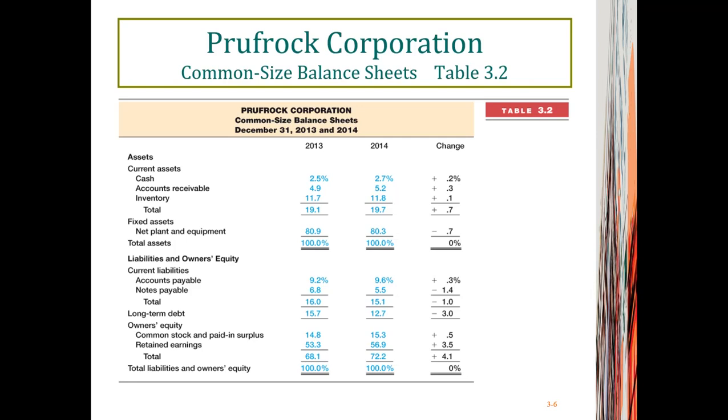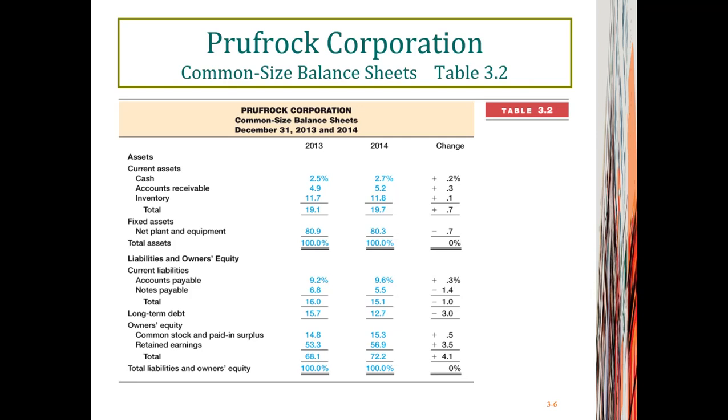So here you see a significant decline in long-term debt, which means the company used a lot of cash last year to pay off that debt. And owner's equity has increased from 68% to a little over 72%. So here's another significant increase in owner's equity.